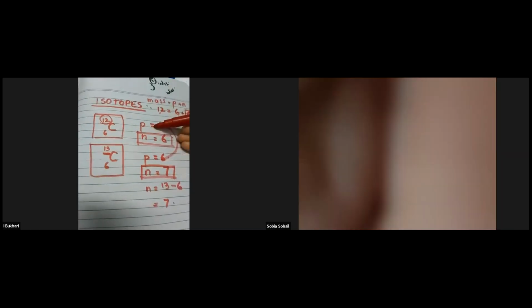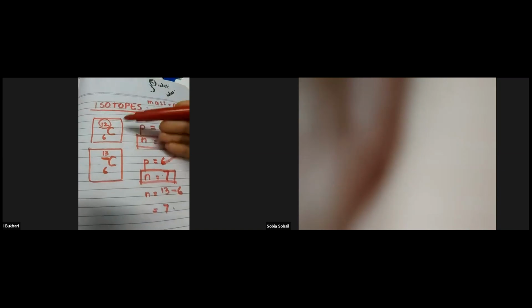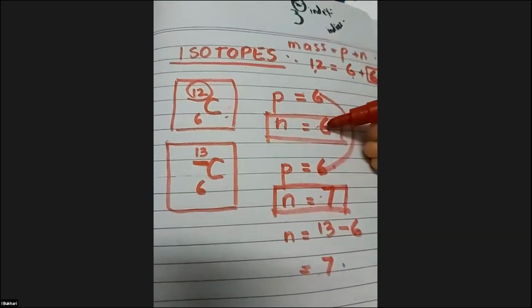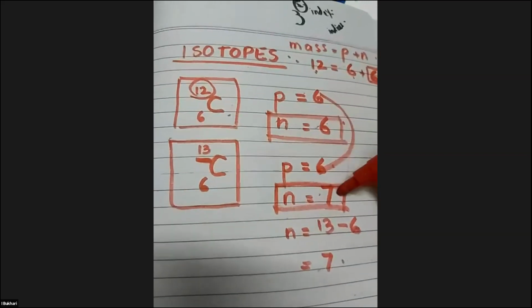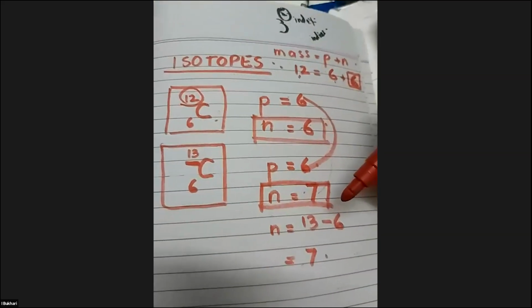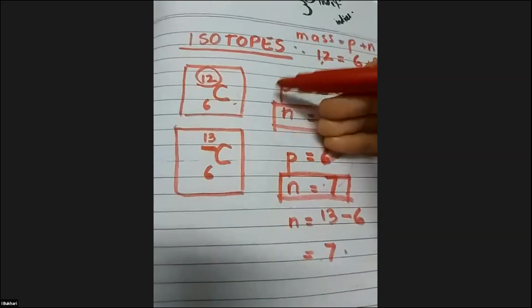Or you can keep it simple by saying that isotopes are atoms which have the same atomic number but different neutron number. Simple. Isotopes are atoms of the same element that have the same number of protons but different number of neutrons. And this is not the only element that exists as isotopes.